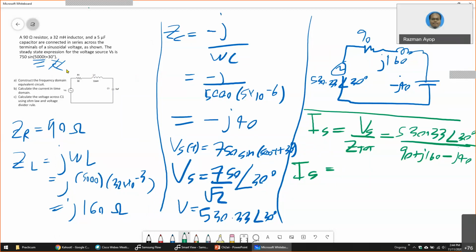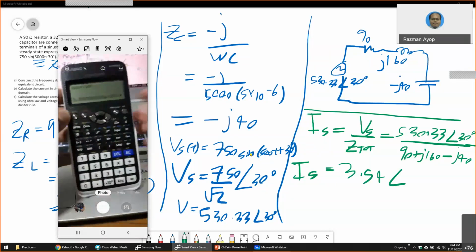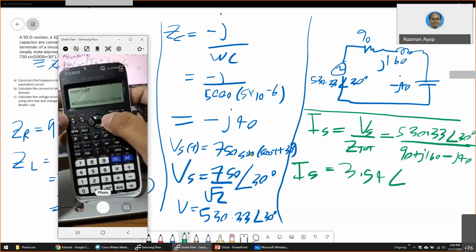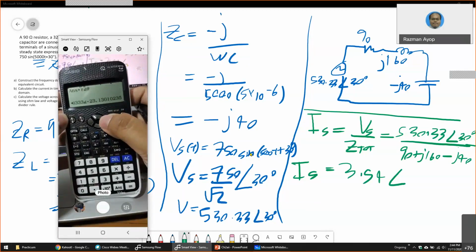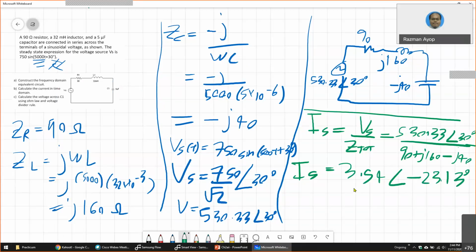The answer is 3.5, and don't forget the angle, negative 23.13 degrees. That is how you solve question B.